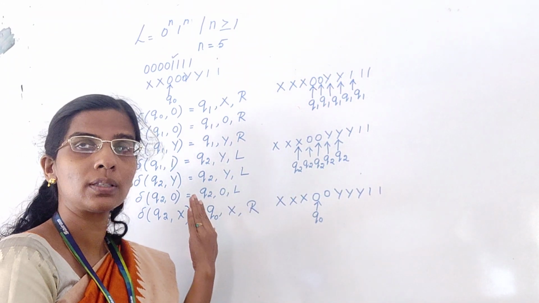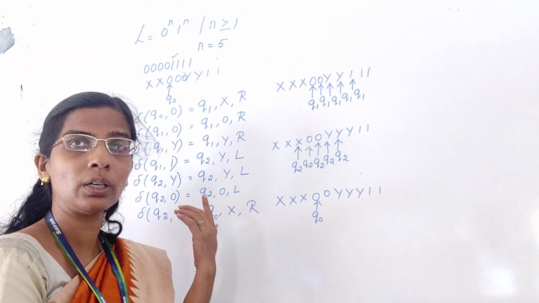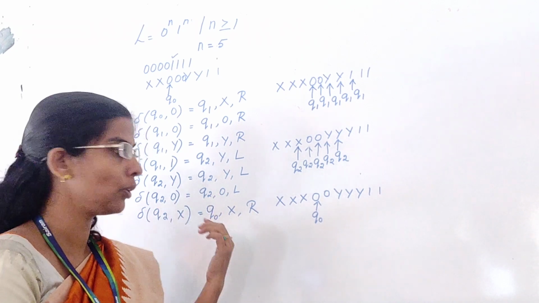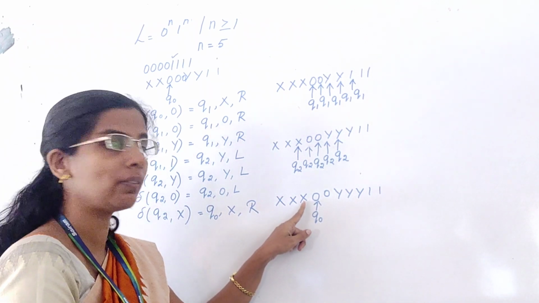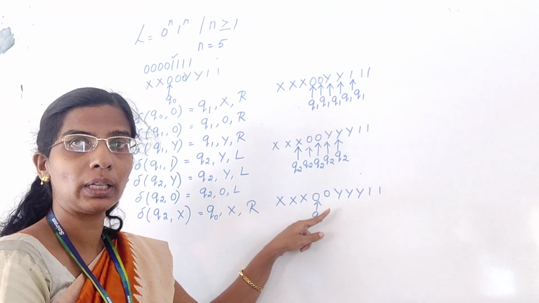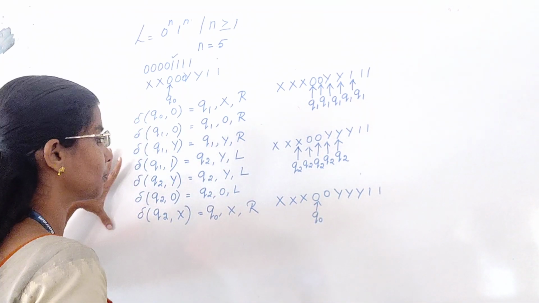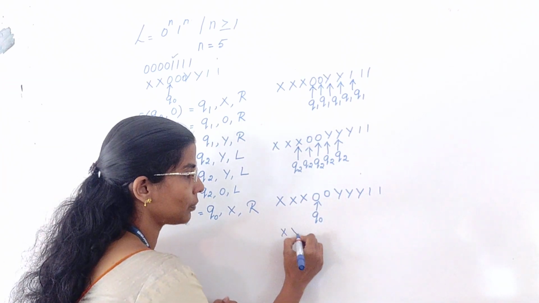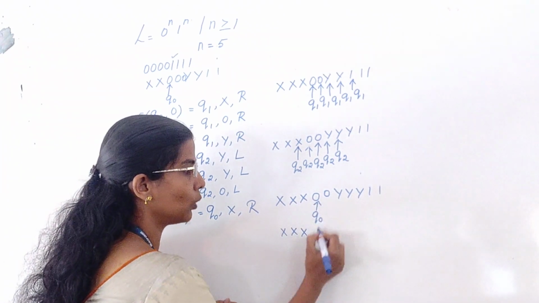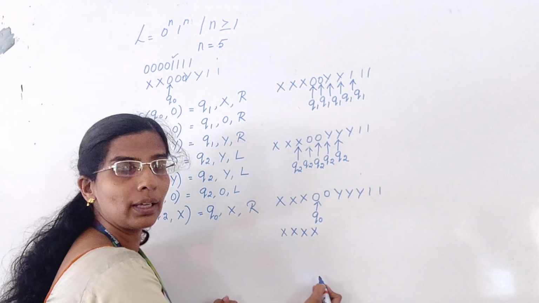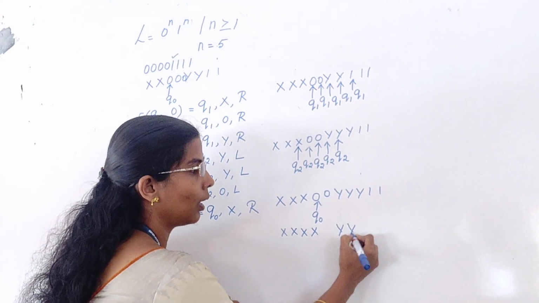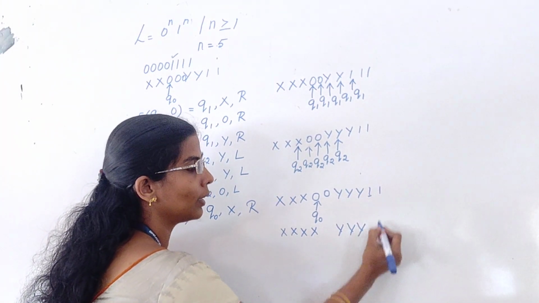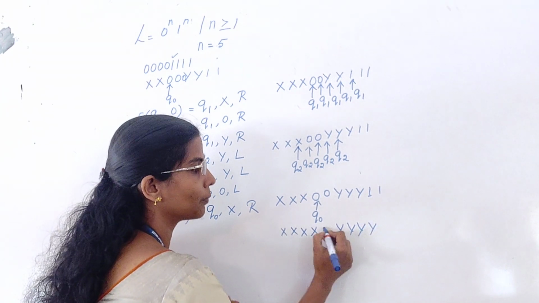Then travel towards left until you get your first 0. To get your first 0, you have to travel till x, then take right. Same thing. In the next iteration, this 0 will be replaced with x and this 1 will be replaced with y.